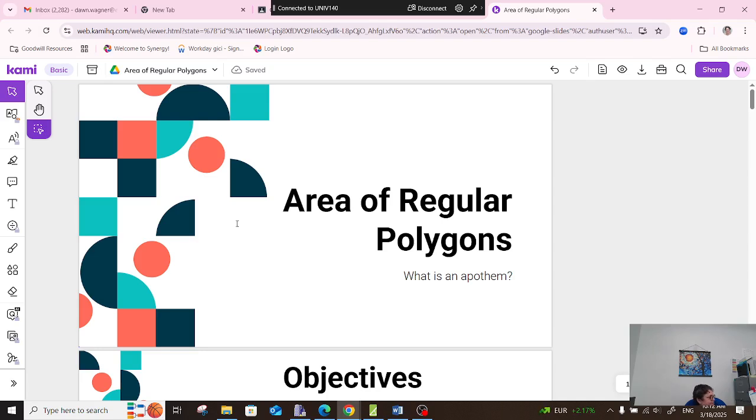Area of trapezoids? Okay, we covered a lot of areas. Now we're going to introduce area of regular polygons. It's going to be a new formula and some new definitions. We are also going to need some of that trigonometry or special triangles.